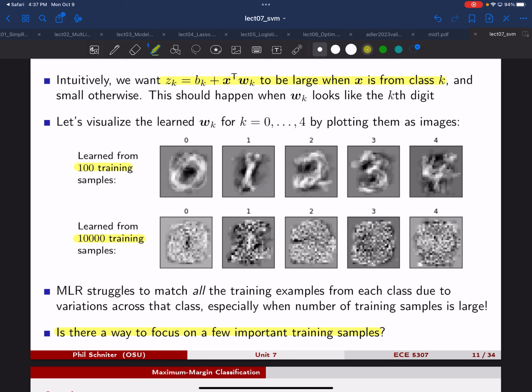That's the motivating idea. In this unit, we're going to develop methods that try to focus on just a few samples, called the support vectors. They're the samples that matter most for classification, and the method will completely ignore all the other samples. That's the main idea behind support vectors.